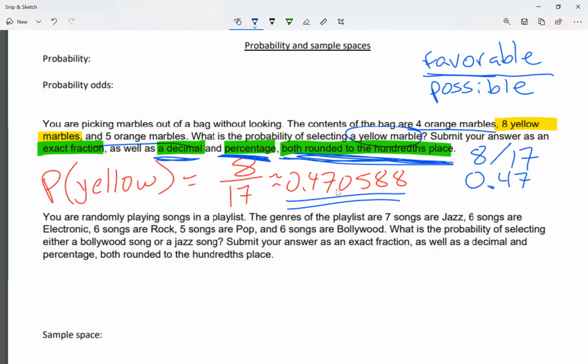My answer in this case will be 47.06. So I can answer this as a fraction, as a decimal, or as a percent. The decimal and the percentage both round to the nearest hundredths.